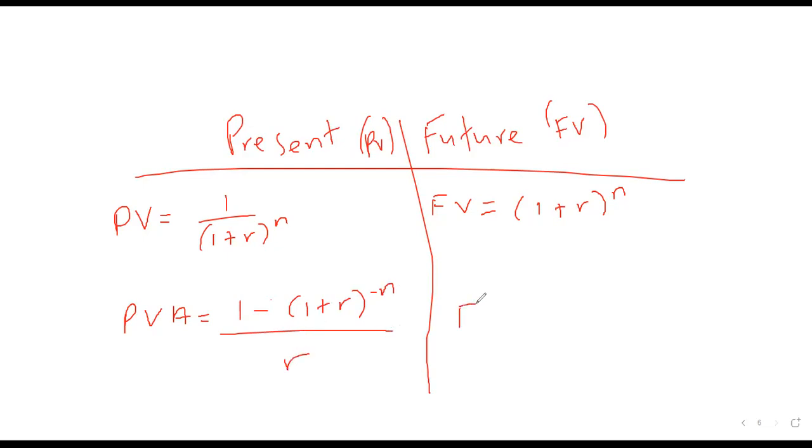And if you're dealing with the future value of an annuity, 1 plus r to the power n minus 1, over r. Now these are very key formulas under annuities.